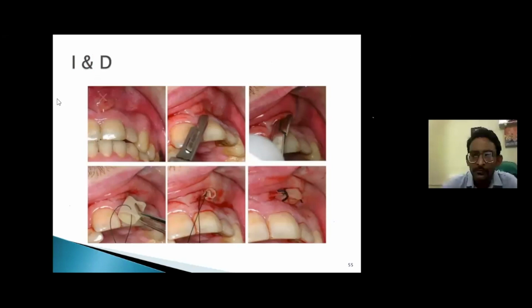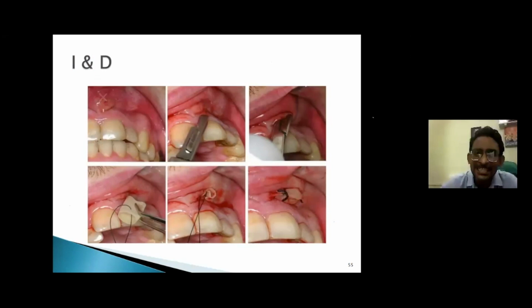Now, in case of swelling and severe pain, the most radical treatment of flare-up is, if there is a swelling in the vestibular area of the patient, we have to go for incision and drainage. With the help of a BP blade, we can give an incision on the most dependent or the most fluctuant part of the swelling.